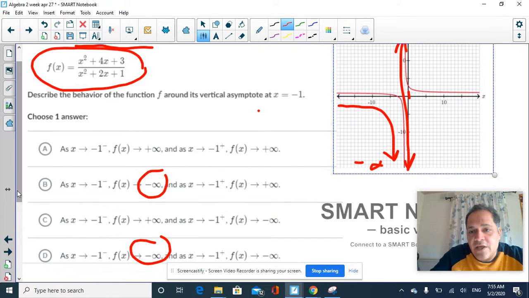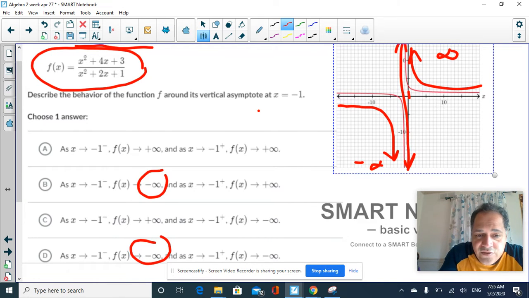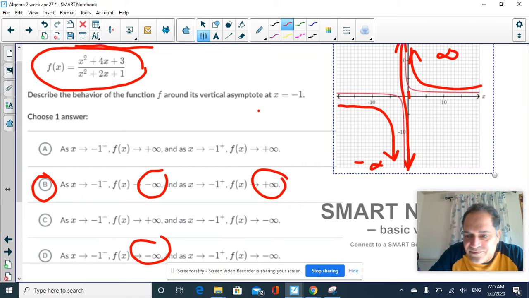One more step. From right, your function approaches what? Infinity. So from right, you should have a positive infinity. The first one is positive, the second one is negative, it's not correct. So your answer is letter B.